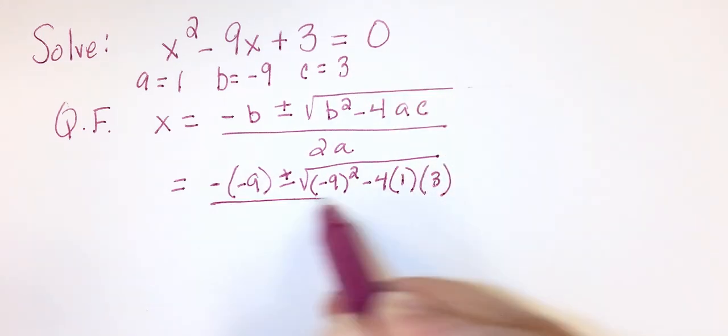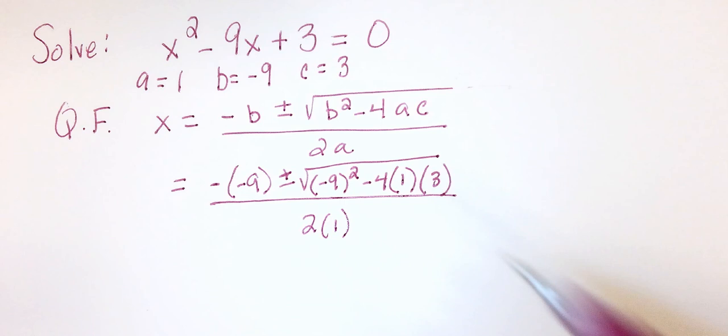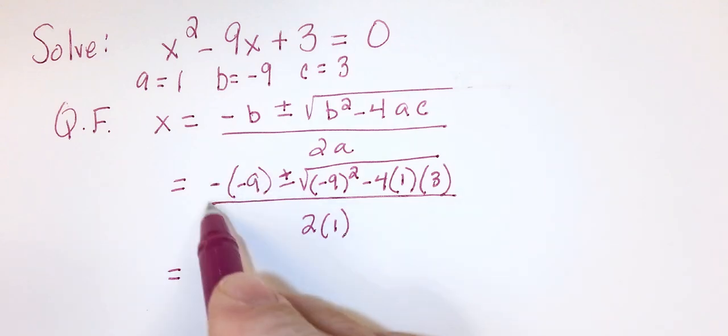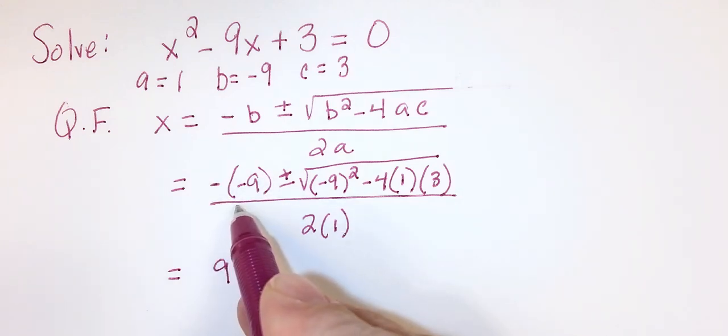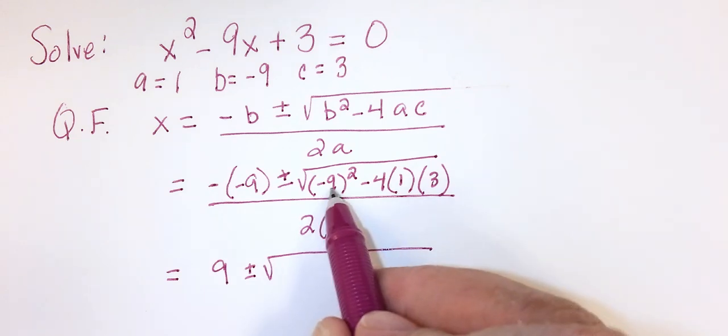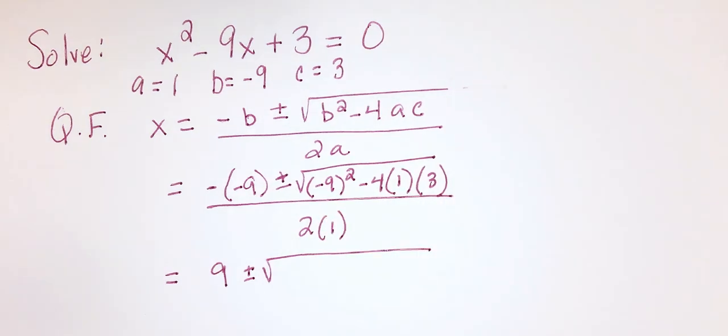And then we're going to divide everything by 2 times 1. Now from here, what I would suggest you do is simplify this if it needs to be simplified, and here it does. So we just get 9. And then we have plus or minus square root, and now I'm going to put all the rest of this in the calculator all at the same time.